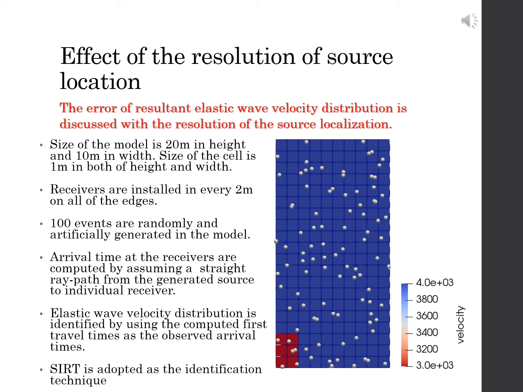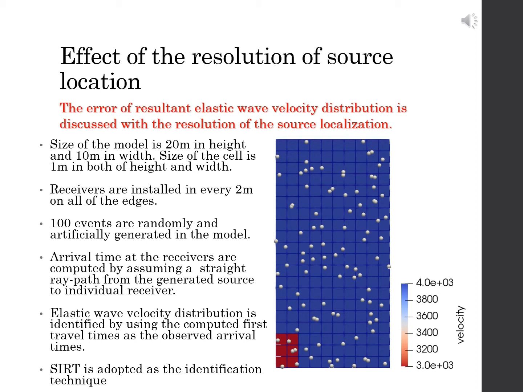A series of numerical investigations is performed in this study. A model which is used in the investigation is shown in this slide. The size of the model is 20 meters in height and 10 meters in width, and the cells are square and the edge is 1 meter. Receivers are installed every 2 meters on all of the edges, and 100 events are randomly and artificially generated in the model.